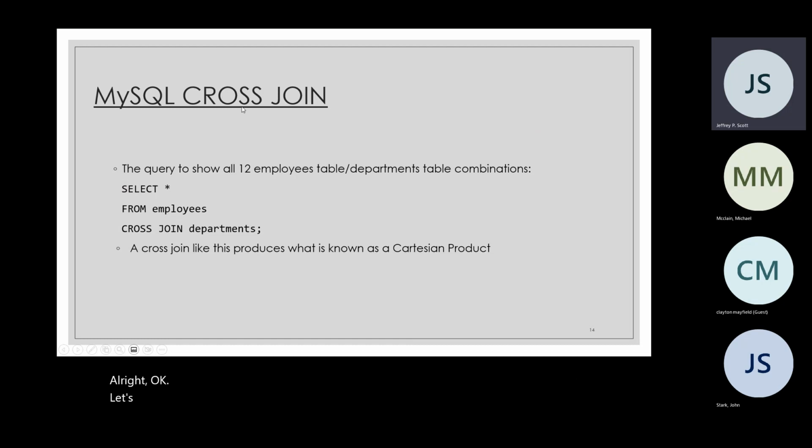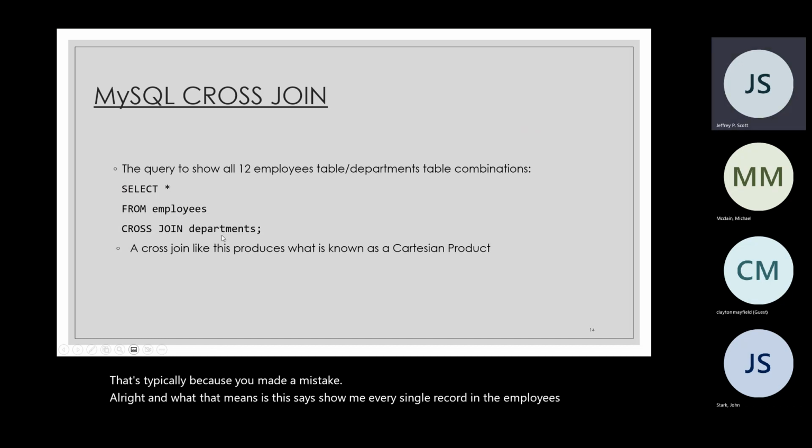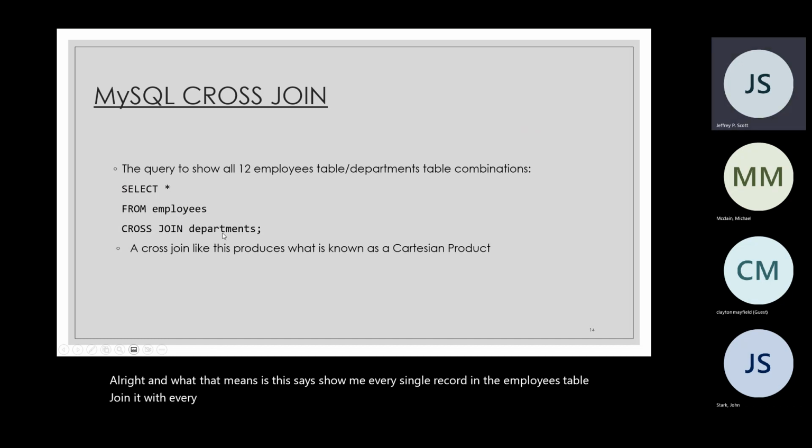A cross join is also known as a Cartesian product join. That's typically because you made a mistake. What that means is this says, show me every single record in the employees table, join it with every single record in the departments table. Give me every combination.